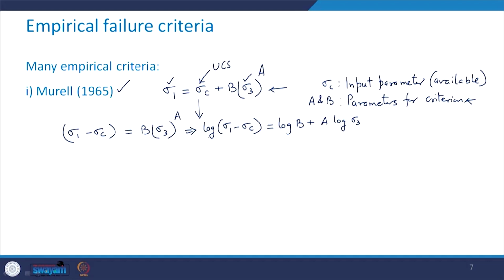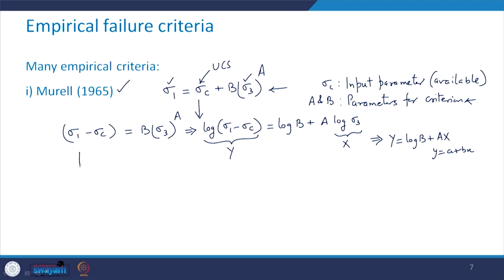Right? Now, just imagine that this quantity is y and this quantity is x. So what I will get from here is y equal to log b plus ax. If I compare it with the straight line equation we discussed, that was y equal to a plus bx.